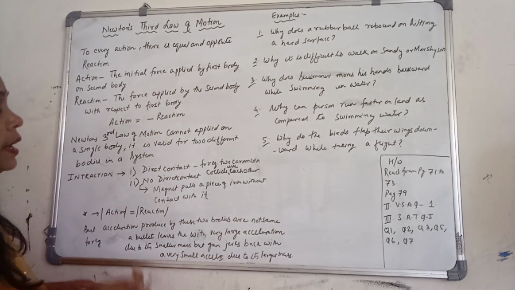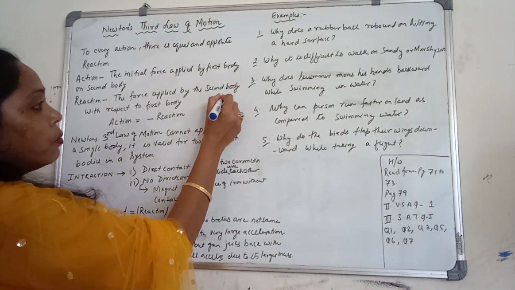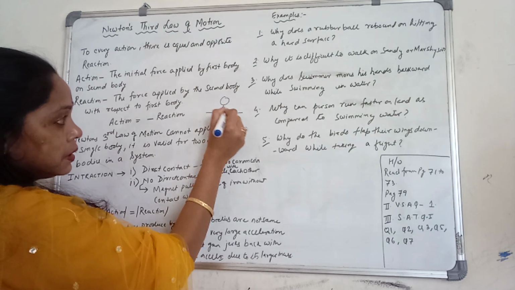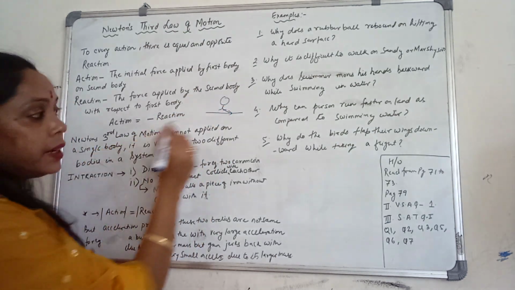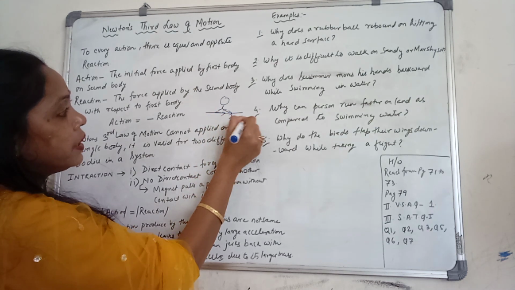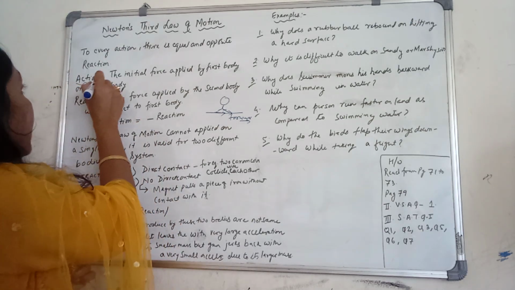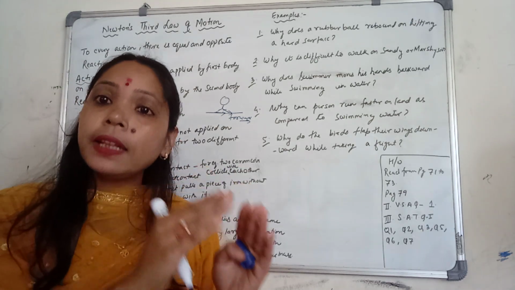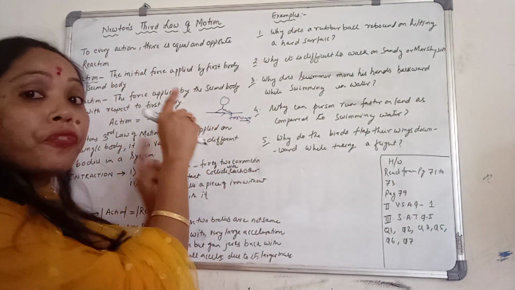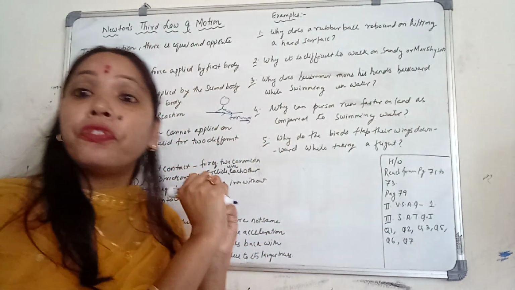For example, if this is the ground, while walking we always push our feet in the backward direction. If you remember, we always push our feet in the backward direction. It means we are applying the action, the applied force, on the ground with the help of feet.